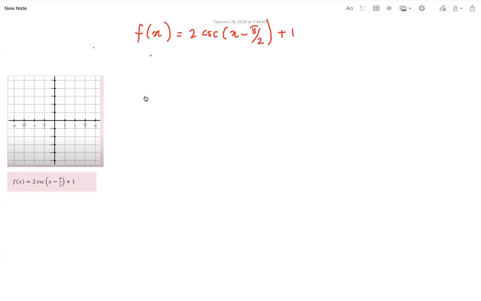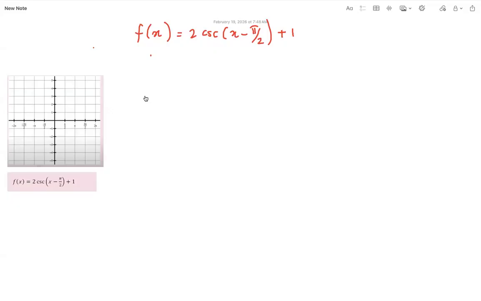Yeah, that stuff's pretty much easy. Cos inverse and the secant inverse. Let's try to memorize it now. Should be doable, I feel.